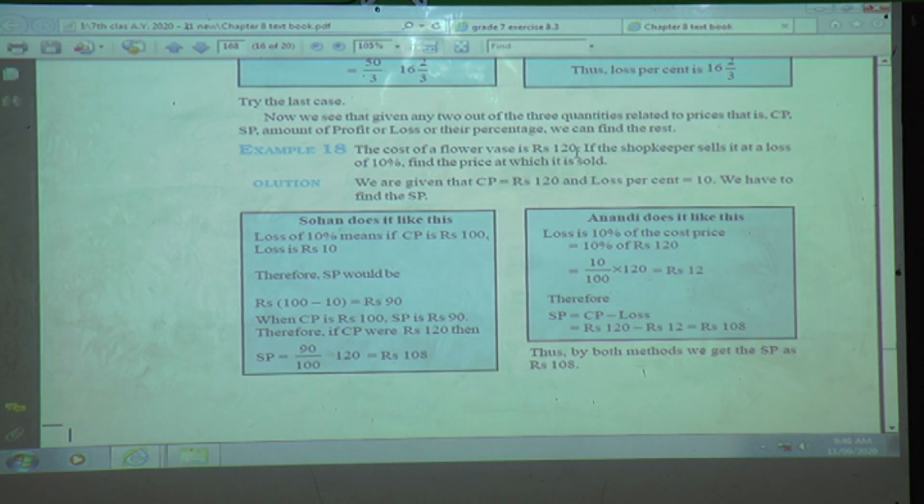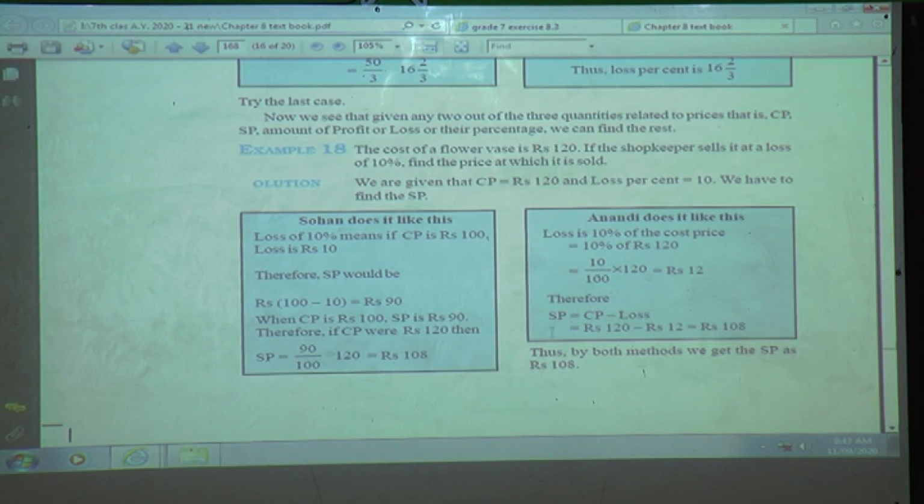On 120 rupees he had a loss of 10%. So we write 10 upon 100 because it is 10%. You know, percent means it is always out of 100. So 10 upon 100 multiplied by 120. After reducing this to its simplest form, we get rupees 12.